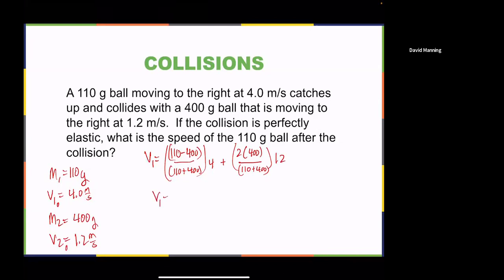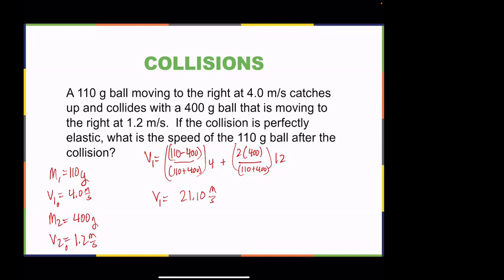So here's how we set it up. 21.10 meters per second. That doesn't sound right at all. I think my thing went wrong with order of operations.